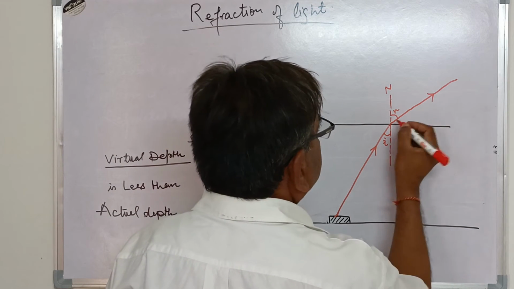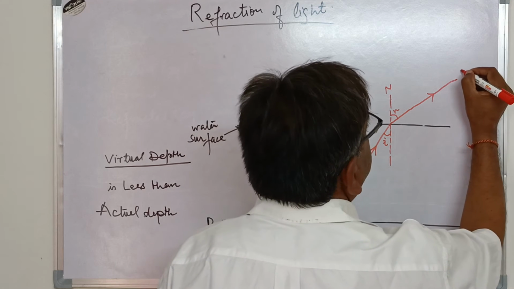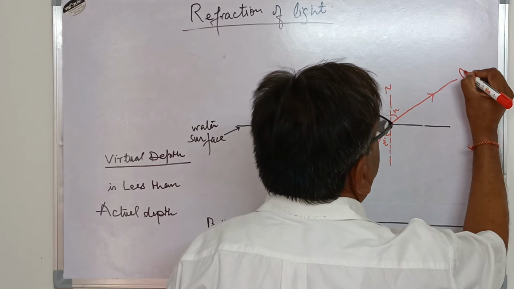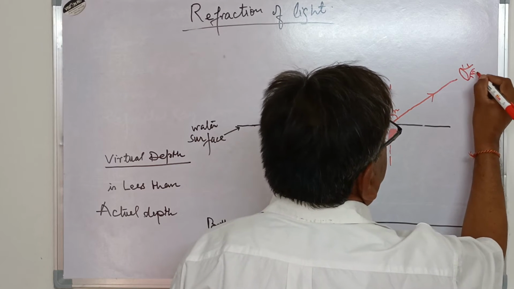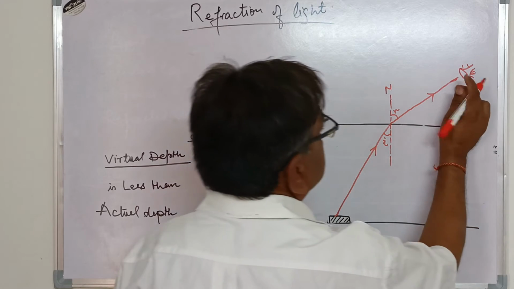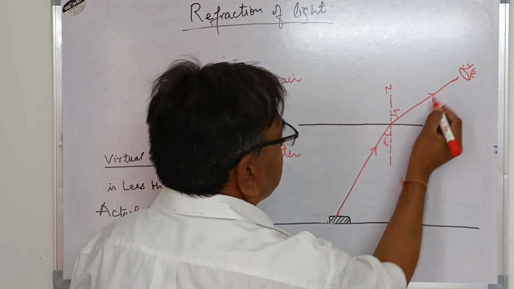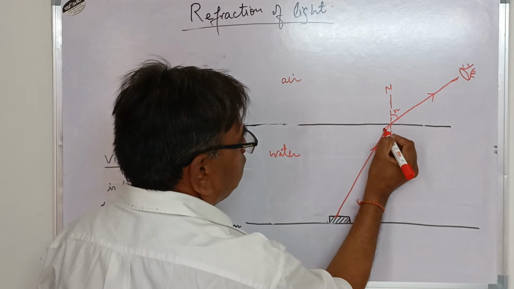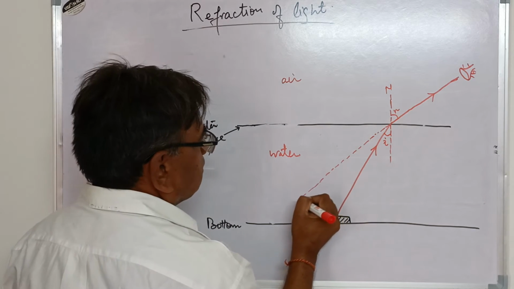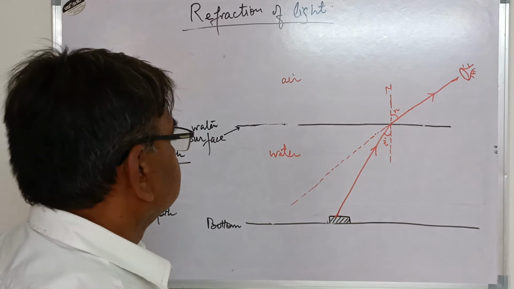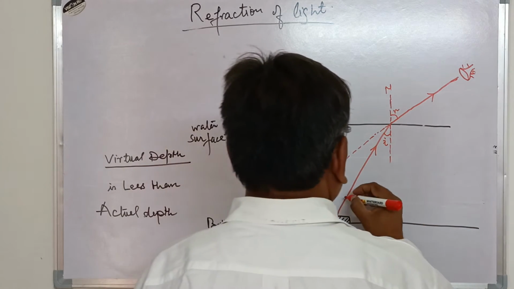So when we see from here, this is our eye, when we see this ray coming from here, we will feel that this ray is coming straight from here, along the extended line.